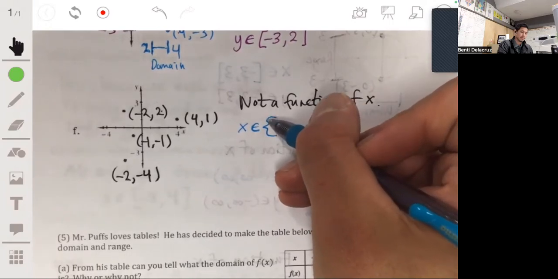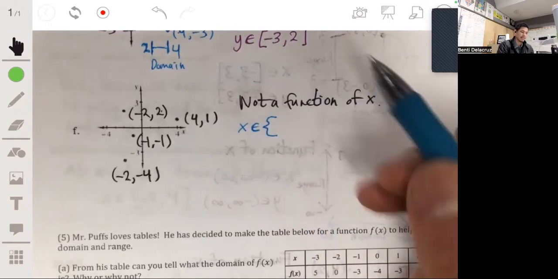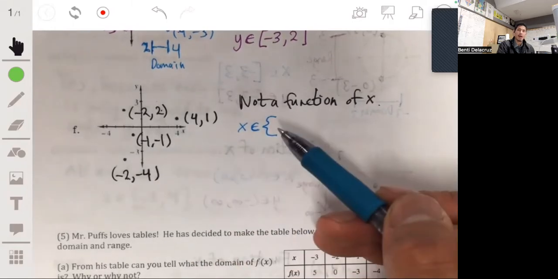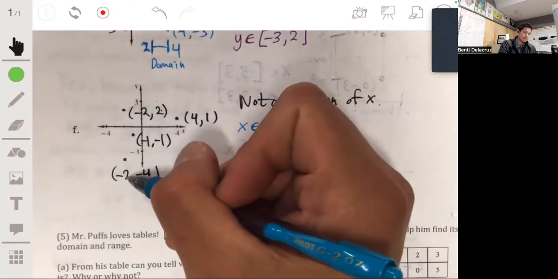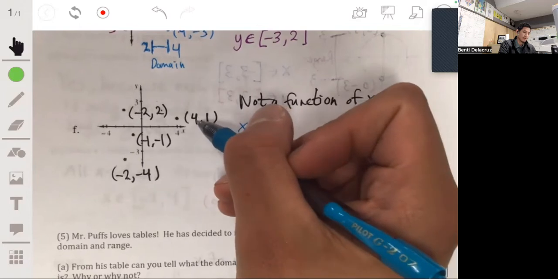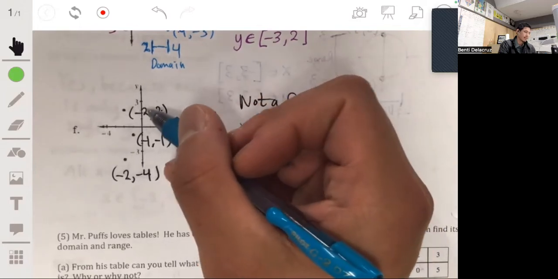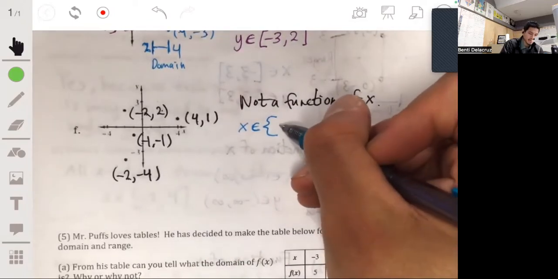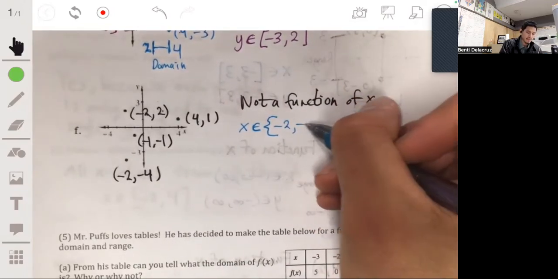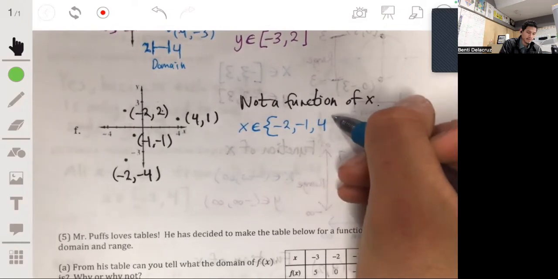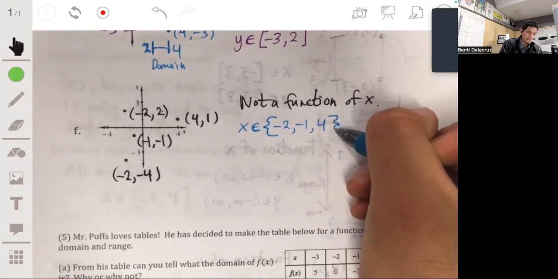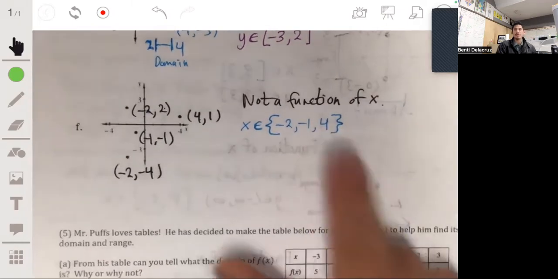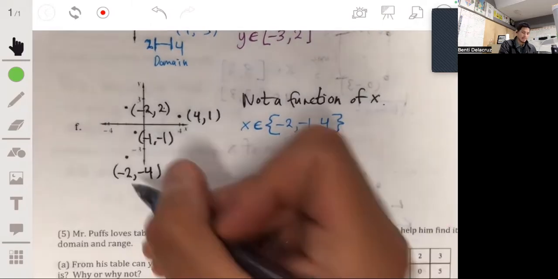So we're going to use this brace symbol, and we simply write the x values as a list. So we have x values of -2, -1, 4, and -2. We don't need to write -2 again, so we're going to put -2, comma, -1, comma, 4, and we close this. And this is our set notation. That's going to be our domain for the x values.